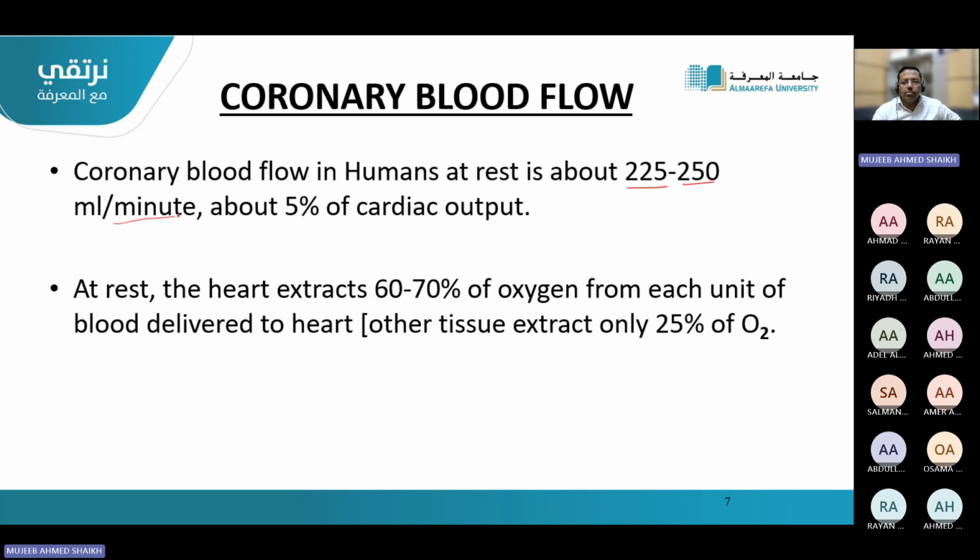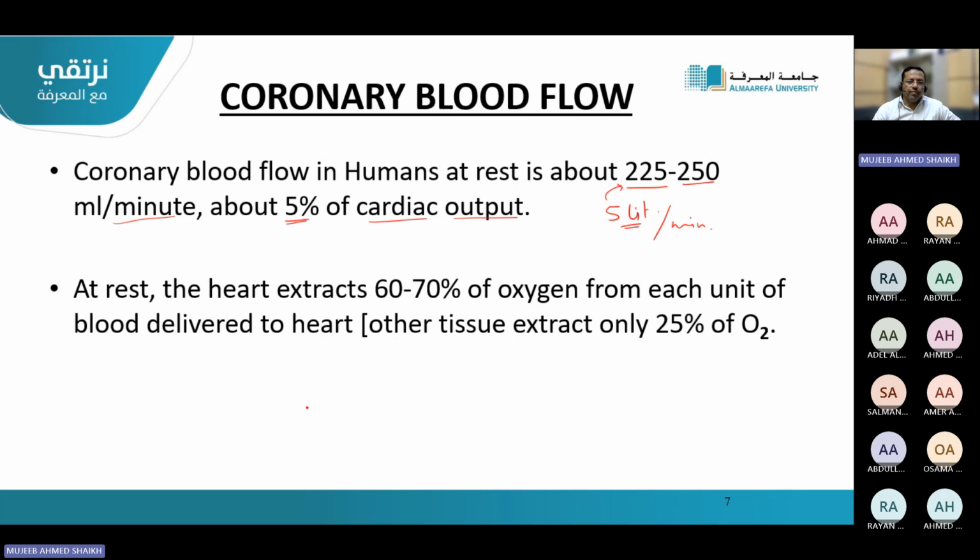In 1 minute, the blood supply to the myocardium through the coronary arteries is about 225 to 250 ml, which is equal to 5% of the cardiac output. We have seen cardiac output in the previous lecture, which is around 5 to 5.5 liters. So out of that, 5% is 225 to 250 ml of blood per minute. It is per minute.